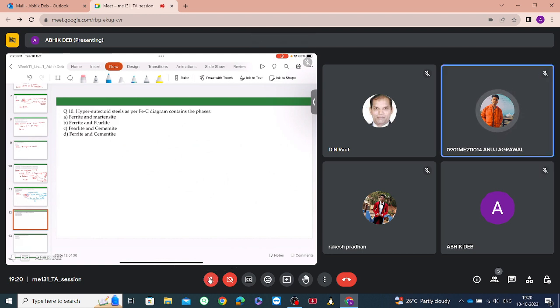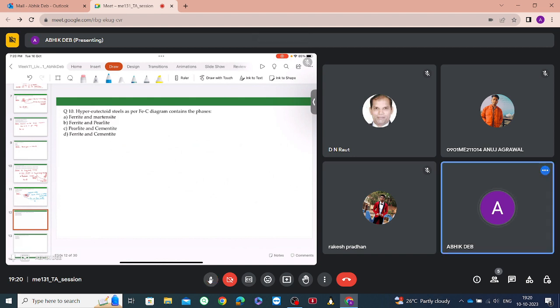Option C. Yes, option C is correct. So in hypereutectoid steels, can you tell me what will be the fraction of carbon in it?